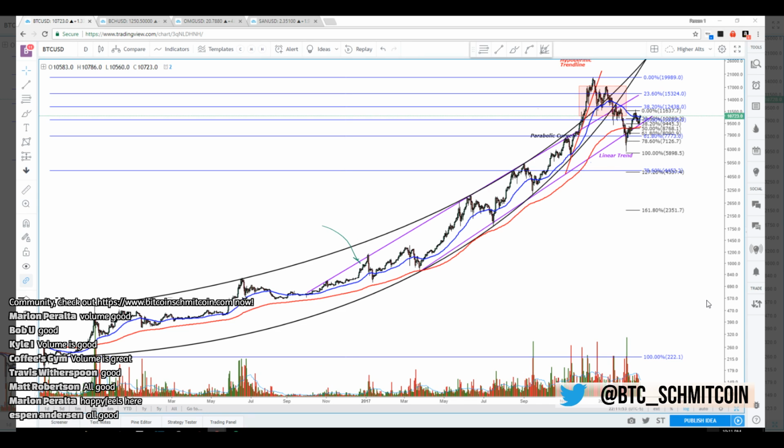We see the linear trend, this purple guy, and then we see the 50 EMA and the 200 EMA. Okay, and what I want you to watch is this linear trend line, because I'm going to zoom in a little bit closer. So pay attention to this purple guy.